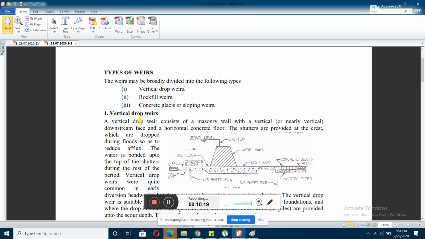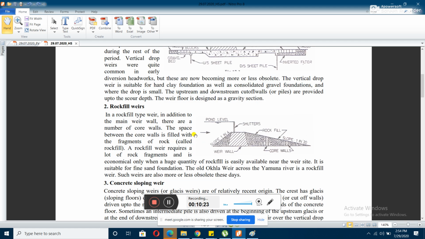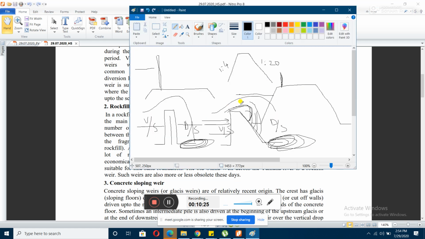Next come the rock fill weirs. It was seen that the construction of masonry structures is costly.